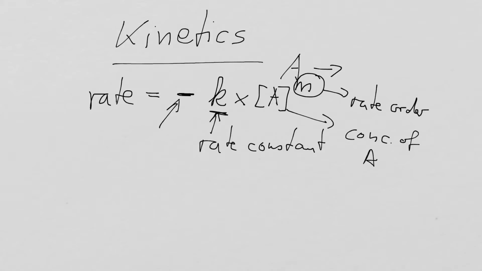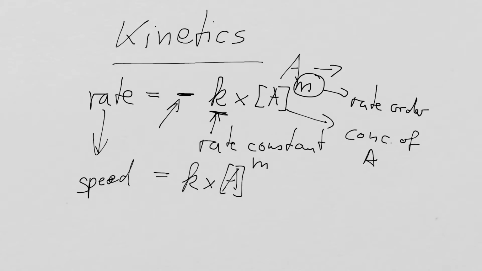So instead of rate, which has a direction, I just simply take the speed, which of course is exactly the same as the rate, but doesn't have a direction. So speed equals K times A to the power of M. So how do I find M? Any ideas what you could do? You look like you are trying to say something, or are you sighing?